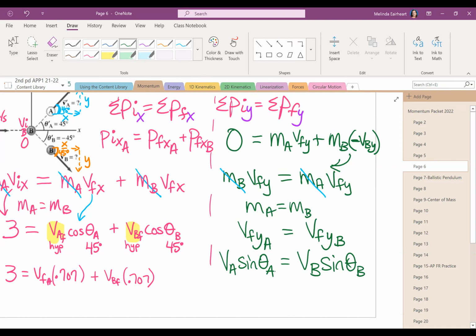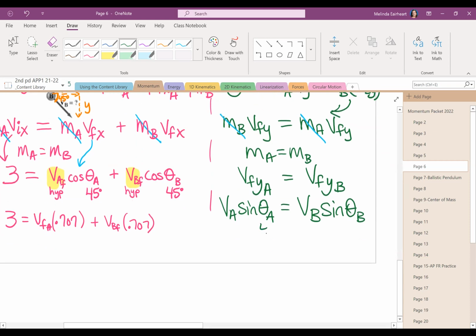Now I'm about to plug in 45. We're going to start seeing some nice simplification. But if it wasn't 45, you would just plug in, sine 40, sine 37, whatever they are. And you could simplify, solve for one of them, and then plug it into the other equation, right? Similar to what we've done several times. But here, since they're both 45, do I even need to know what sine 45 is?